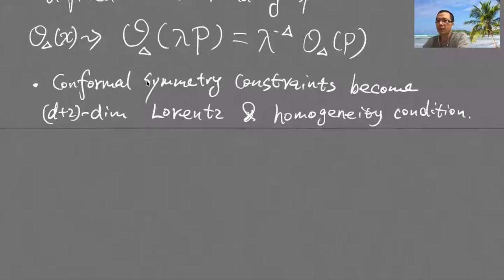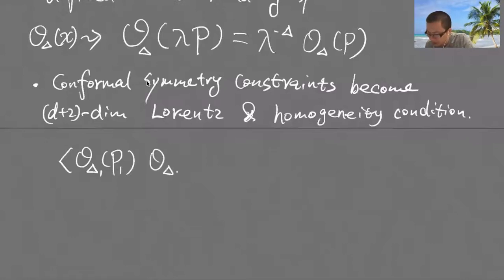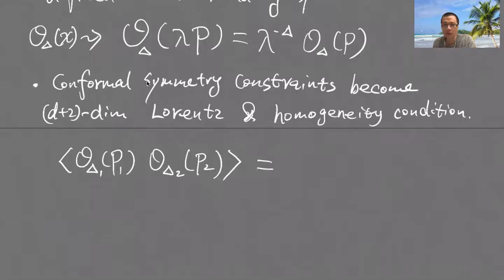Say again, I want to write the two-point function. So say I have operators, we will just consider scalar operators with dimension Δ1 and dimension Δ2 in this embedding space. As we said, this should be Lorentz invariant. The Lorentz invariant must be P1 dot P2.